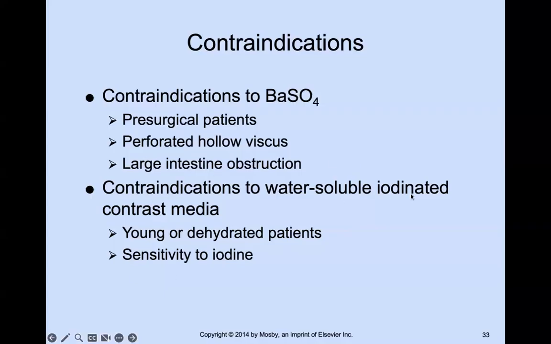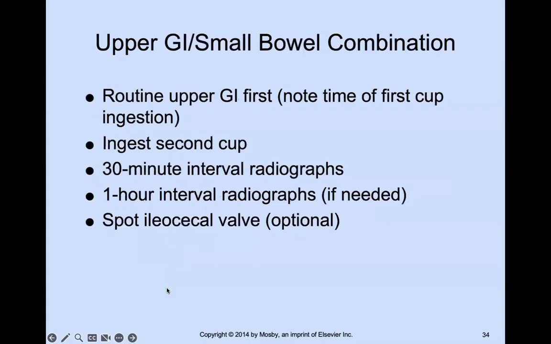Contraindications to water soluble contrast media would be if your patients have an allergy to iodine. This is very important to know. Now this is for an upper GI, which we covered last week, small bowel series combination. If you're doing a combination of both, you're going to start timing it after the first cup given in an upper GI.